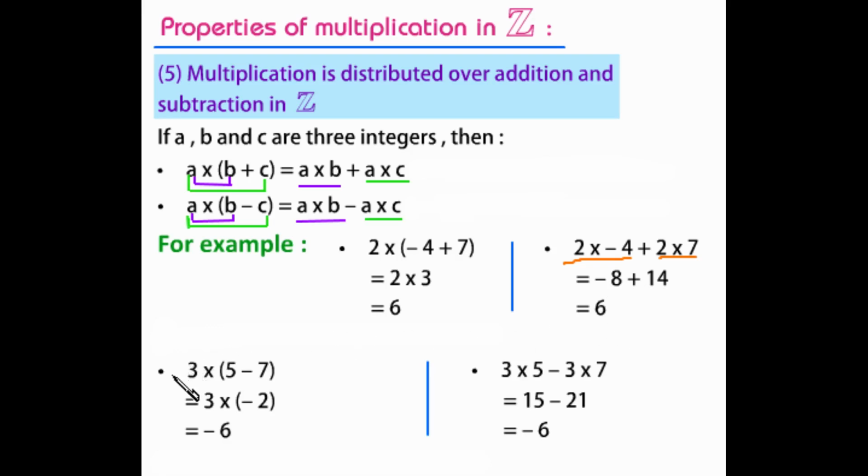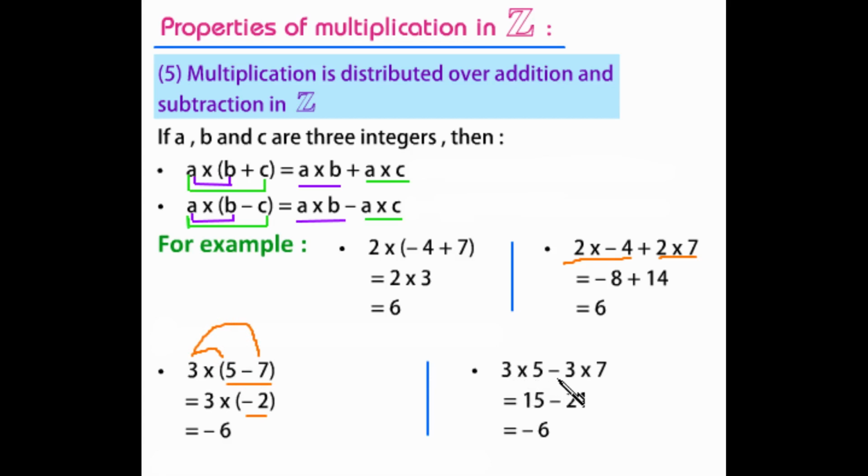Another example, 3 times (5 minus 7). The first method, 5 minus 7 equals negative 2. 3 times negative 2 equals negative 6. Another method, by using the distribution property, 3 times 5 minus 3 times 7.